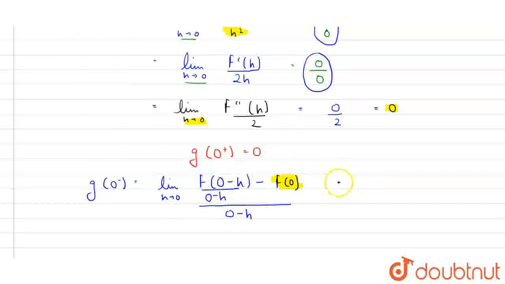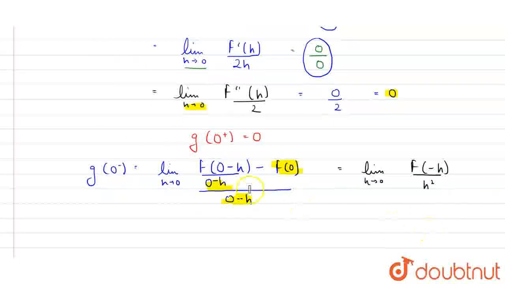So on solving this, I'll get limit h tends to 0 f of minus h upon h square. I've just moved this here. I have multiplied these two. Simple mathematics.